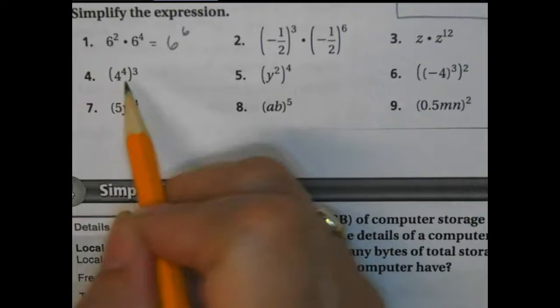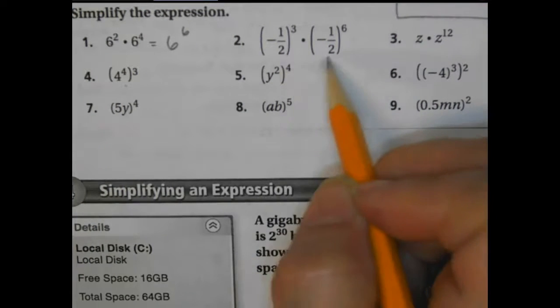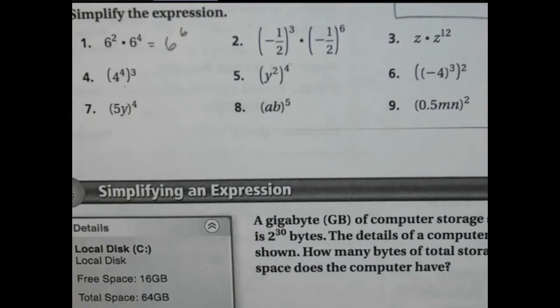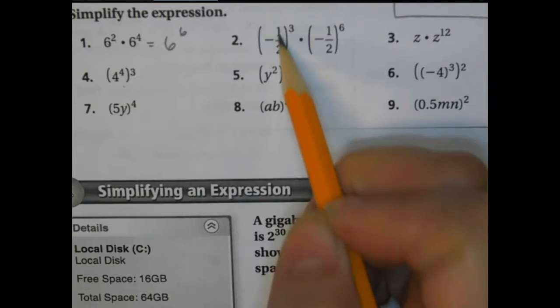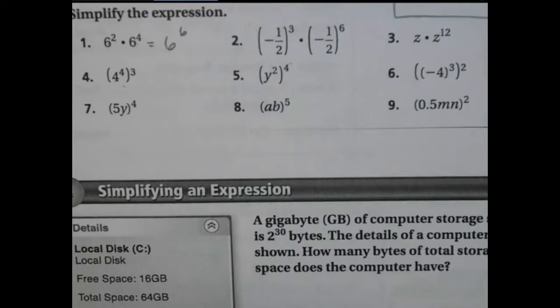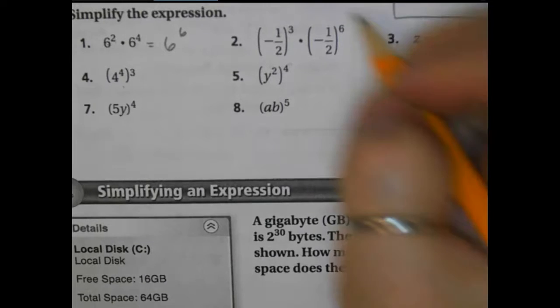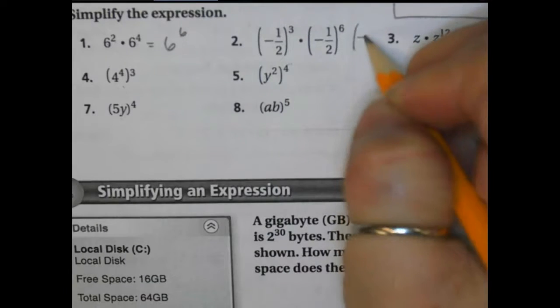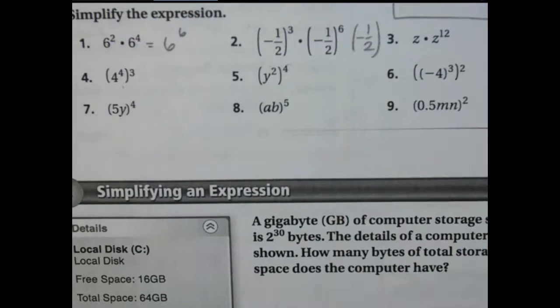Okay. What about number 2? What am I doing to my exponents? This has an exponent inside? So what am I doing? Okay, so my answer is going to be negative 1 over 2 to the what power?